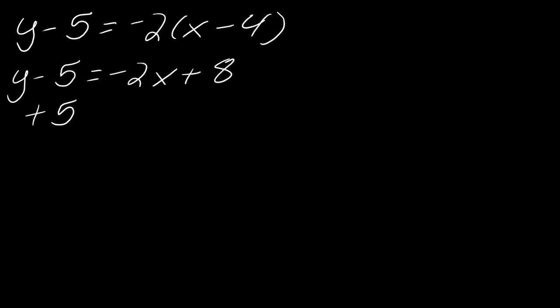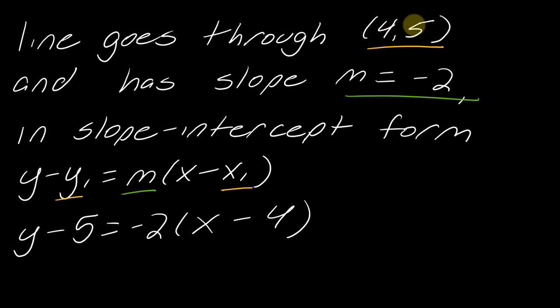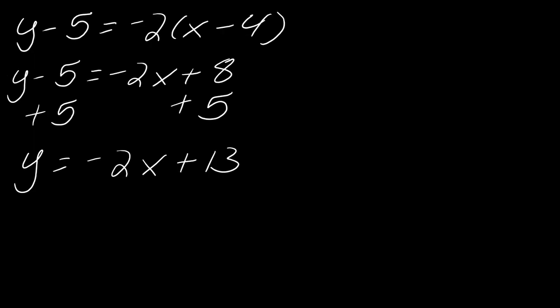And then to finish getting the y by itself, I can just add the 5 to each side. So I have y equals -2x plus 13. That will be my final answer in this case. And now that is an equation that will contain the point 4, 5 and the slope -2. However, that equation is now in slope-intercept form.